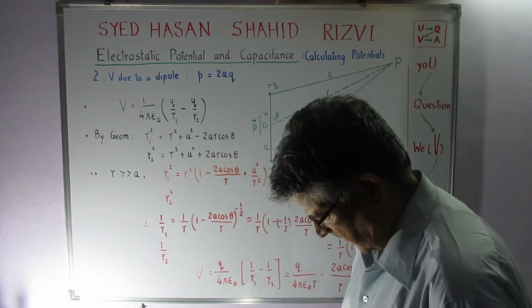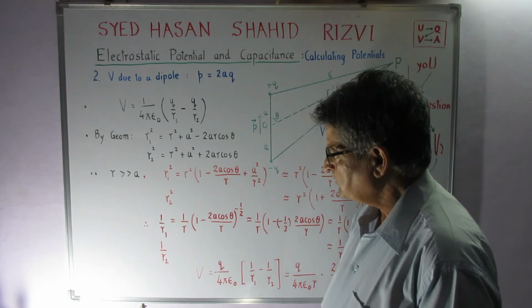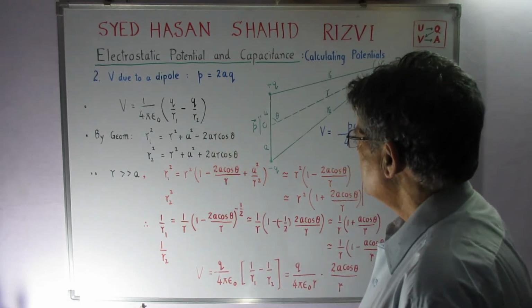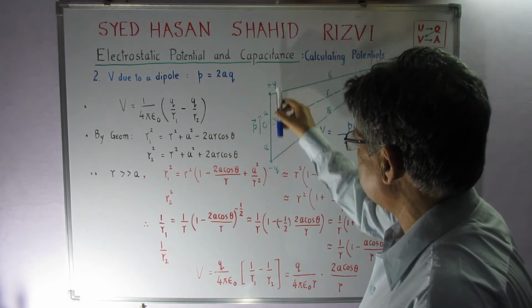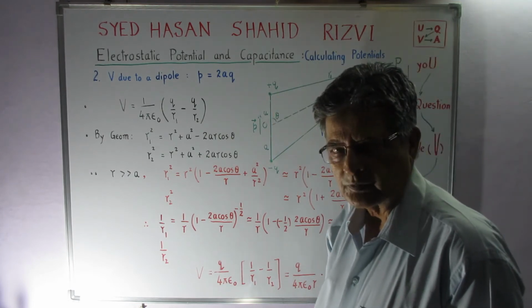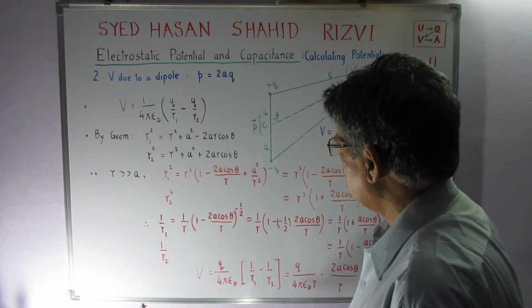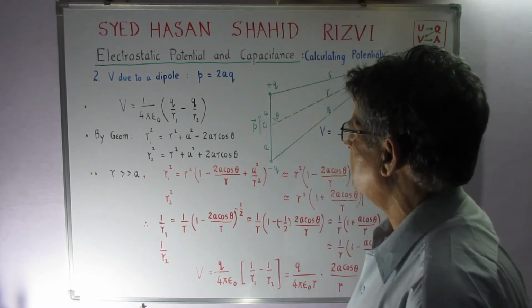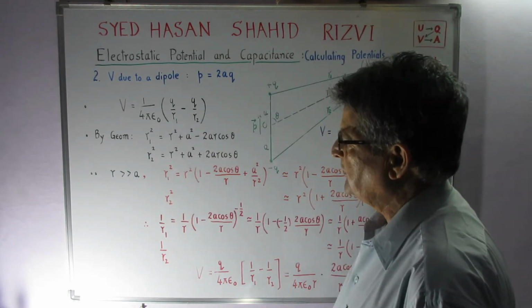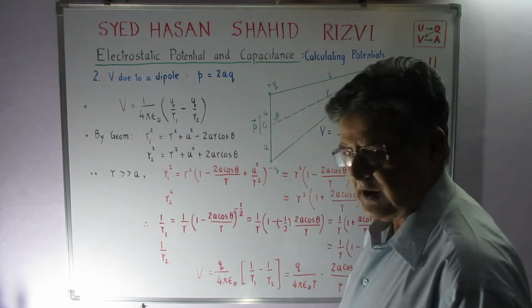Now, this is the geometrical construct, but we have made the length of the dipole, 2a, very small as compared to r. r is very large as compared to a.